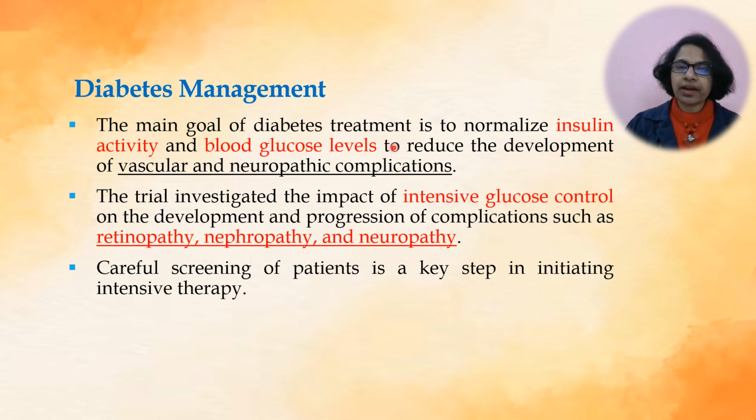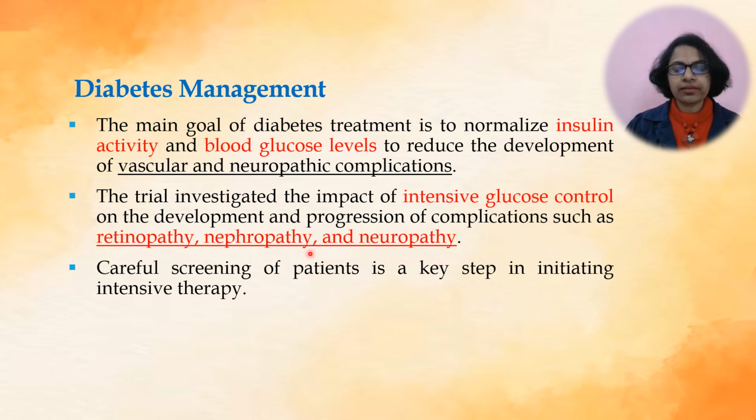The main goal of diabetes treatment is to normalize insulin activity and blood glucose levels to reduce the development of vascular and neuropathic complications. The trial investigated the importance of intensive glucose control on the development and progression of complications such as retinopathy, nephropathy, and neuropathy.